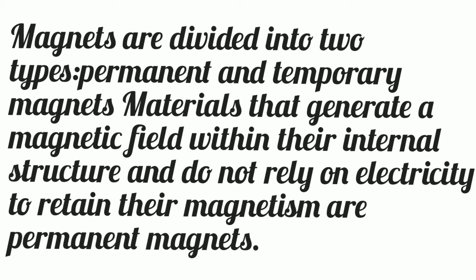Materials that generate a magnetic field within their own internal structure are called permanent magnets, because these magnets do not rely upon the use of an external electrical field or external magnetic field to retain their magnetism. Even when there is no external help, these magnetic materials retain their magnetic properties. Such are called the permanent magnets.